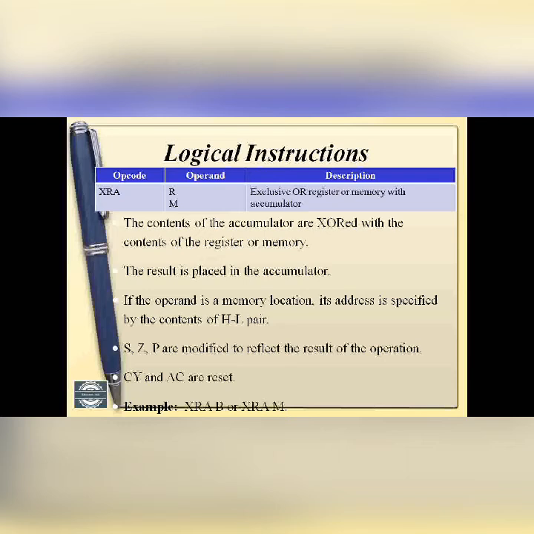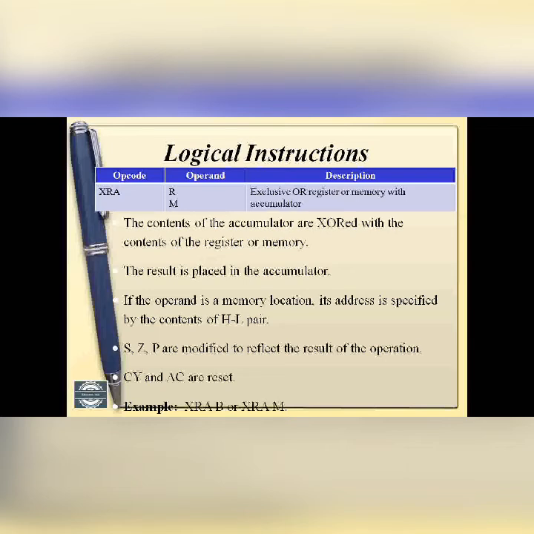Now XRA. XRA means exclusive OR, XOR, register or memory with the accumulator. That means the same thing, the XOR operation with the accumulator value. Next, ORA. ORA means logical OR register or memory with the accumulator.